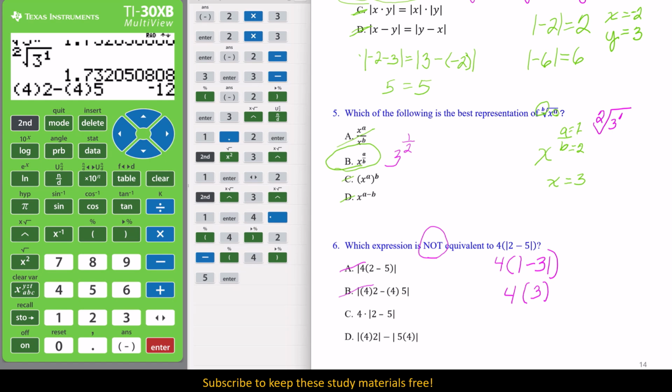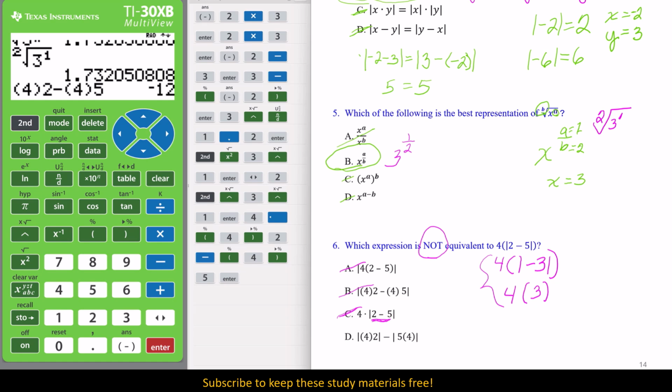What about C? Well, if we take inside the absolute value, that's negative 3, and it says multiplying. Well, that's what I have over here, right here. So that's the same thing. So we're left with D because we want what isn't equivalent.